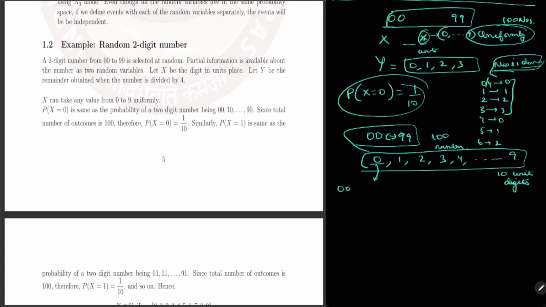For 0 we have 00, 10, 20, 30 up to 90, which is 10. Similarly we have 01, 11, up to 91. So we have 10 numbers.